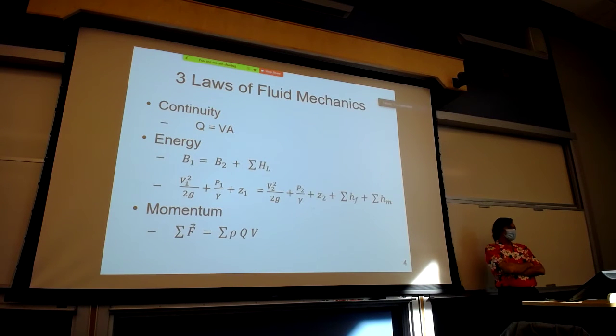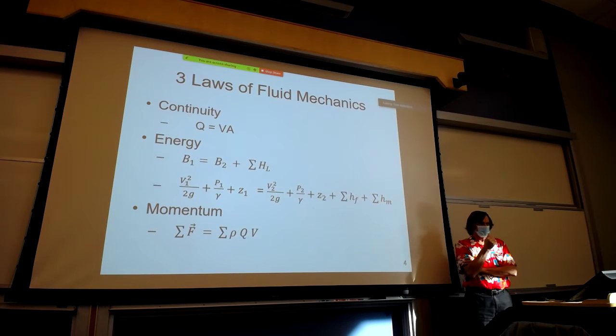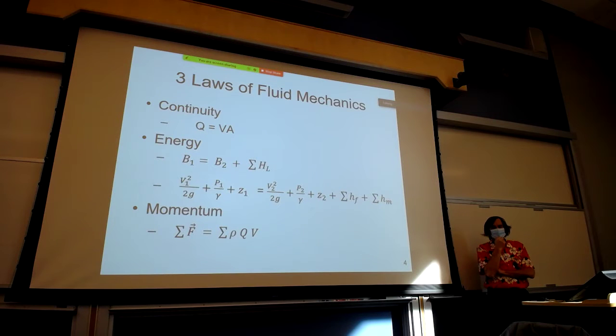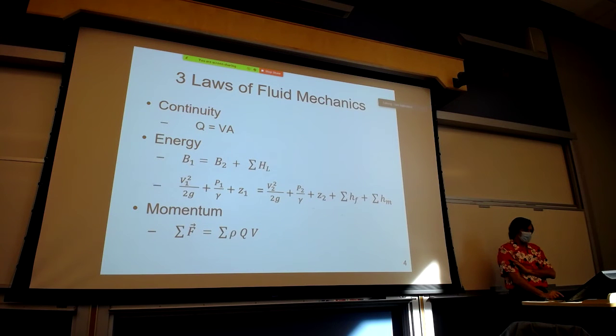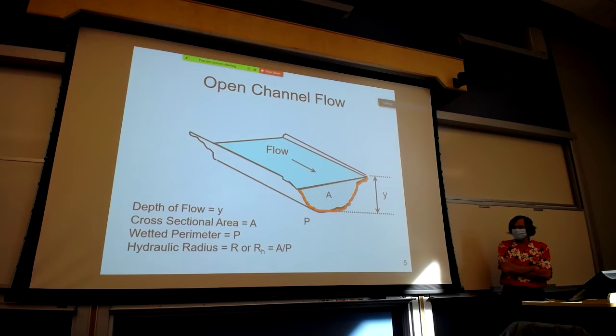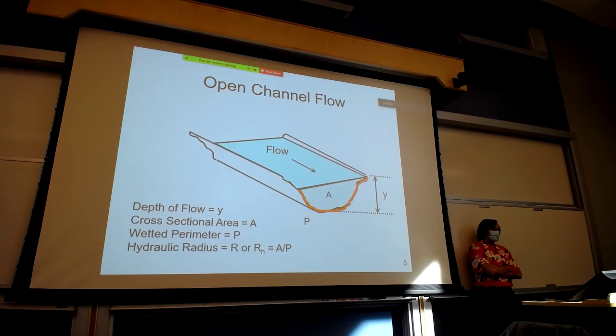So again, the 3 laws of fluid mechanics are our same friends, no difference. And they're just applied to an open channel flow system. And we have done these before with the hydraulic jump and with the sluice gate back in some of the labs. So this should not be foreign to you. And last time we defined all of the appropriate variables associated with open channel flow.